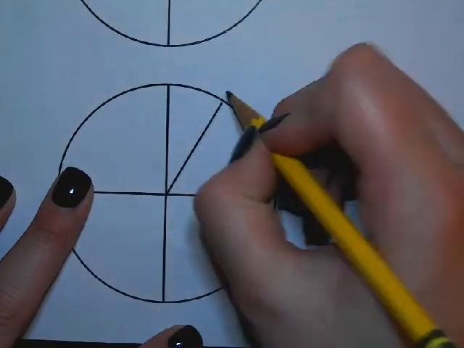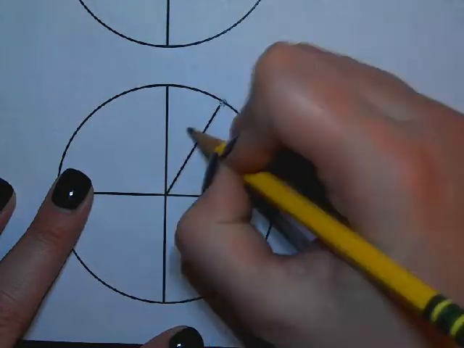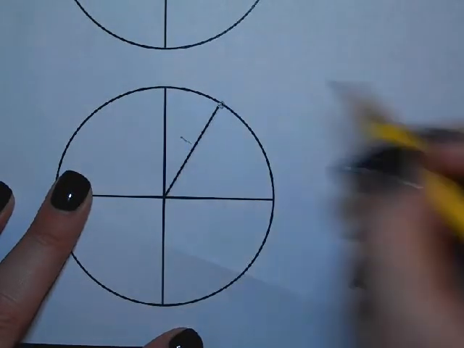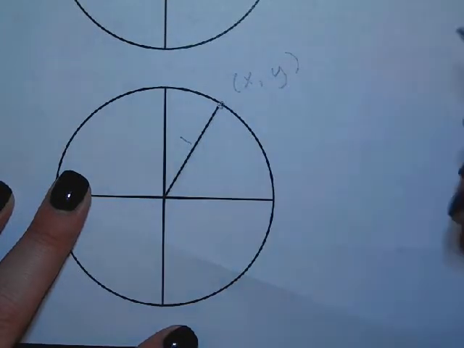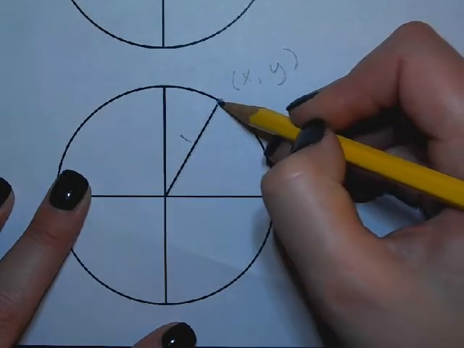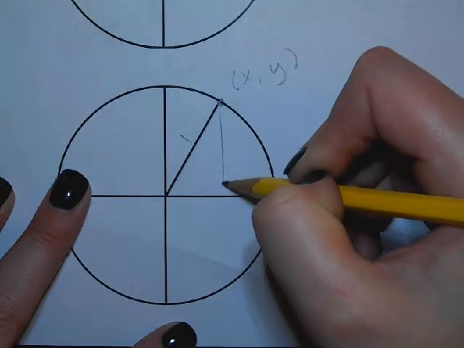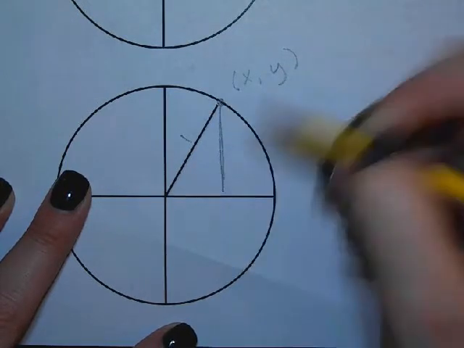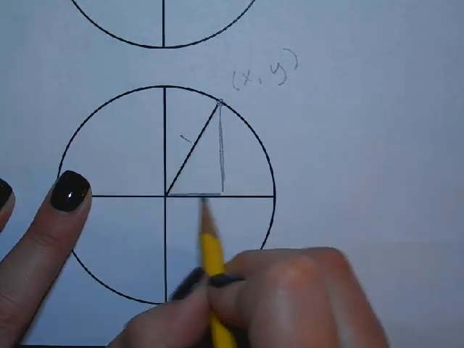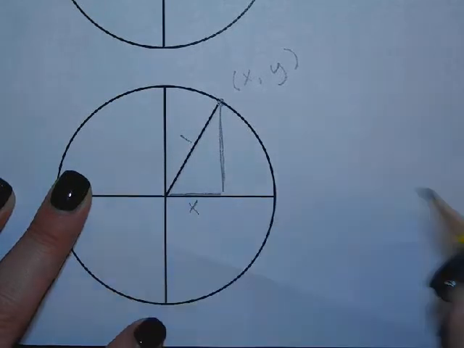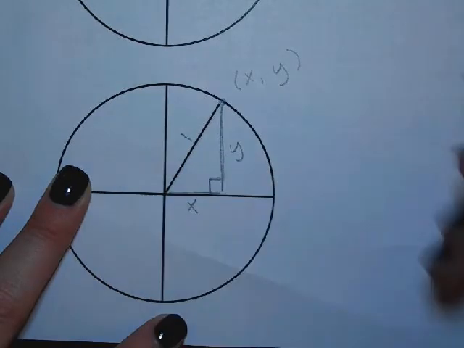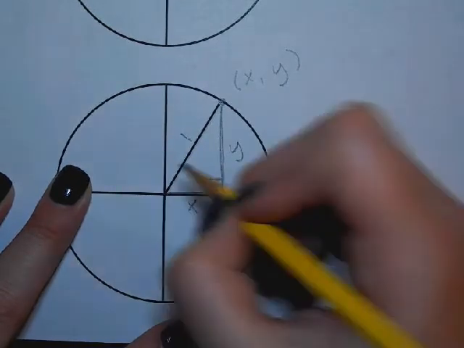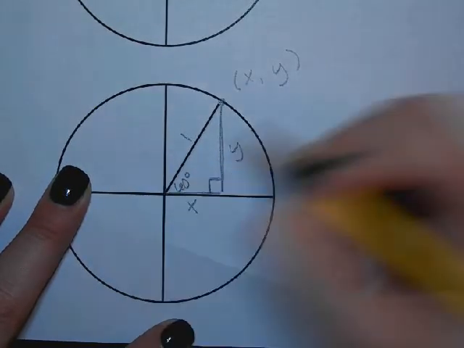All right, we've got a unit circle again. We got a radius of 1. This is an x coordinate and a y coordinate. We're going to take our line and drop it straight down. That means we've got a triangle. And in our triangle, we have a side of x and a side of y. This is a 90-degree angle. This is 60 degrees.